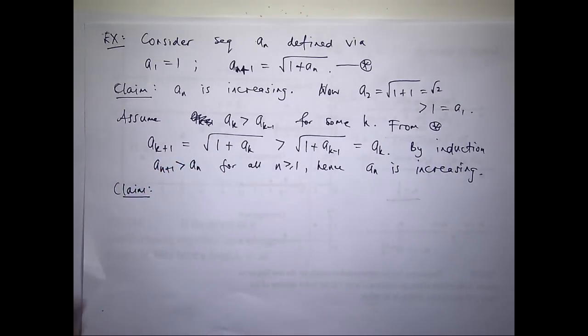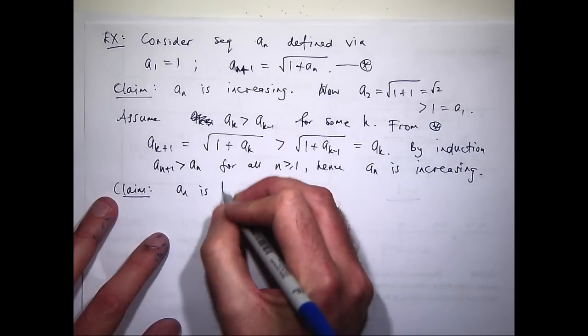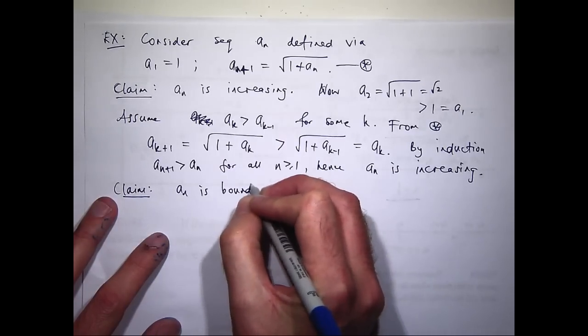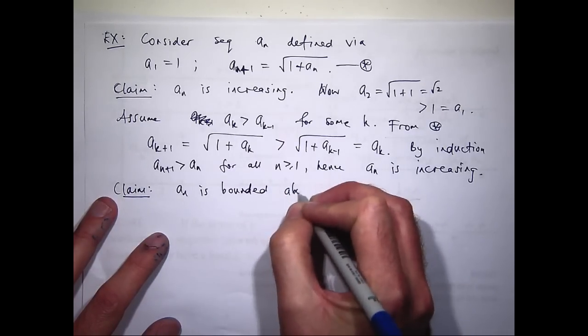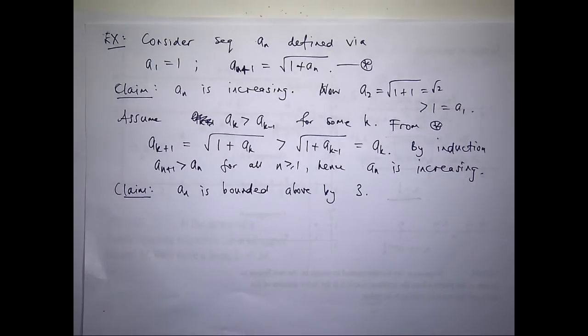I'm going to make the following claim: A sub n is bounded above by positive 3. Now, you don't need to have positive 3 here. Just positive 3 works well. You'll see why in a minute. You could have any sufficiently large number there.